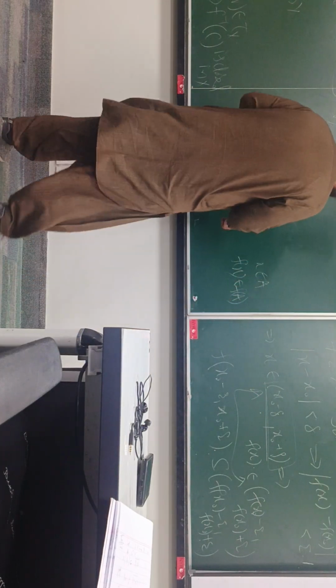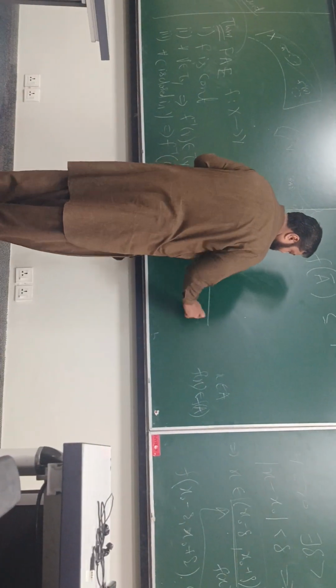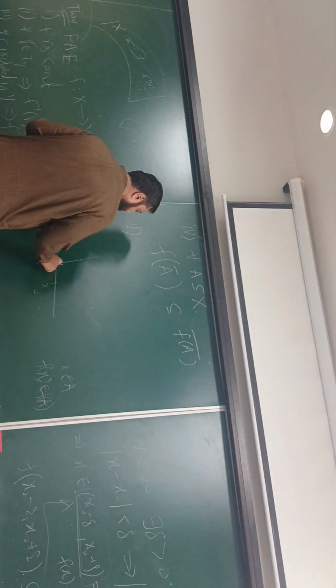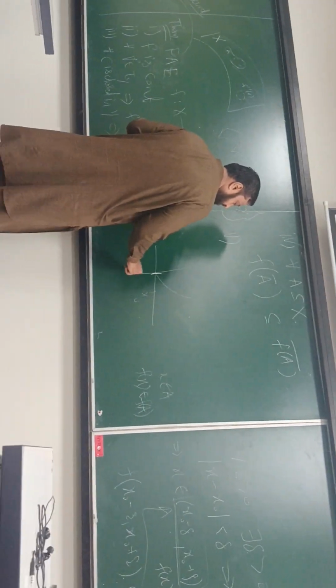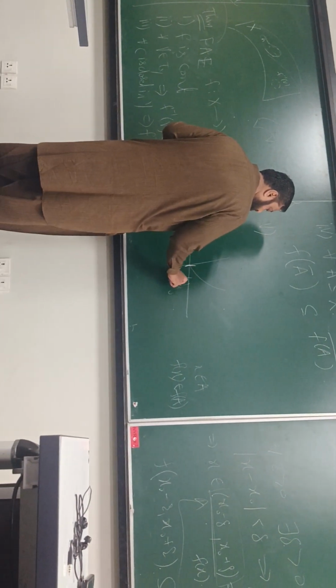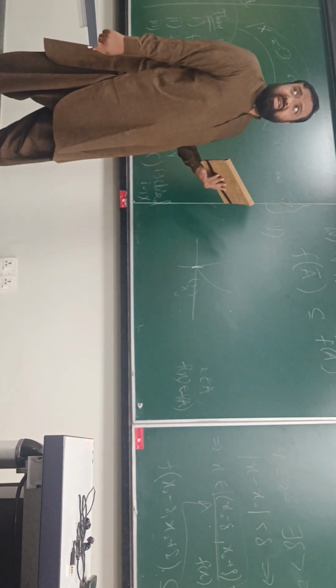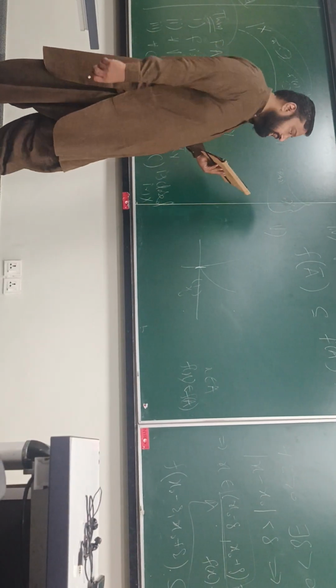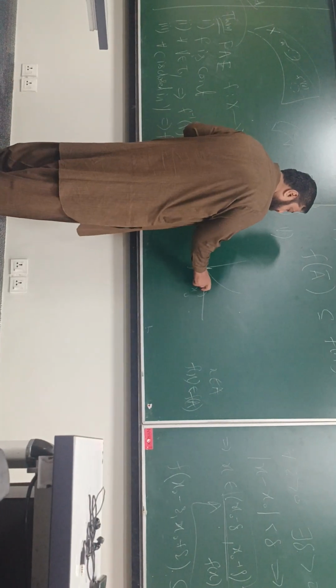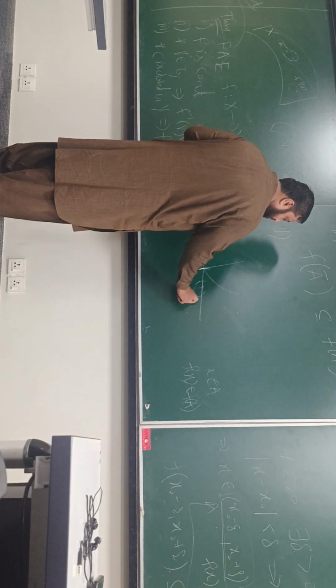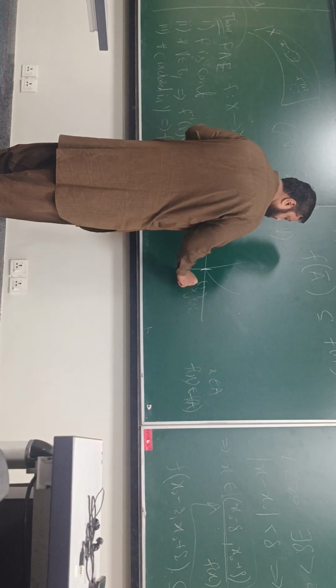If you want to see it pictorially, say this is x naught, and this is the function, and you look at this neighborhood. Okay, you have taken a small neighborhood around x naught, from x naught minus delta to x naught plus delta.